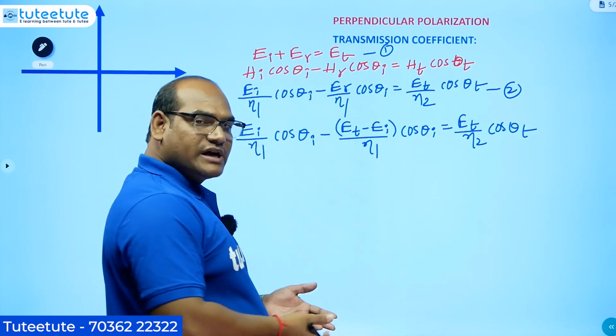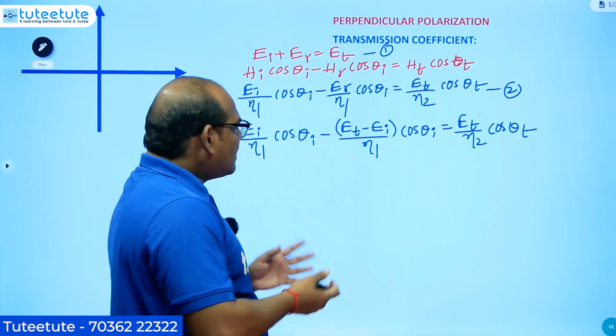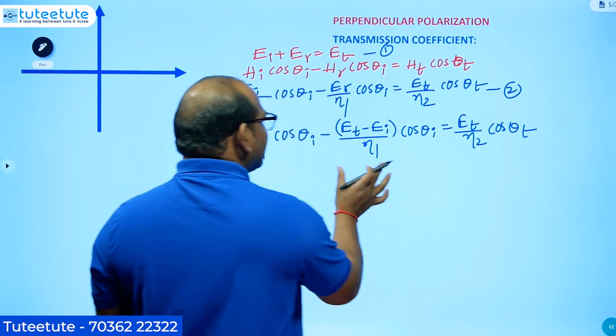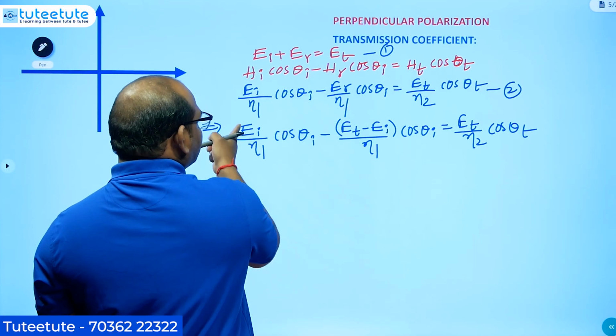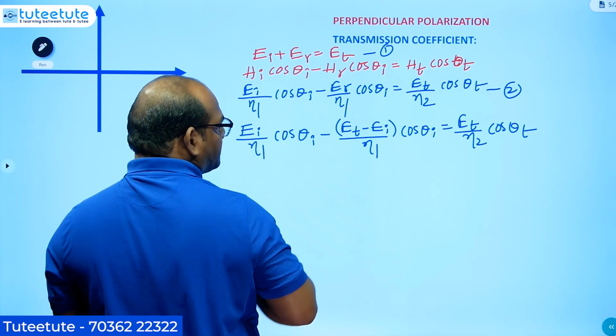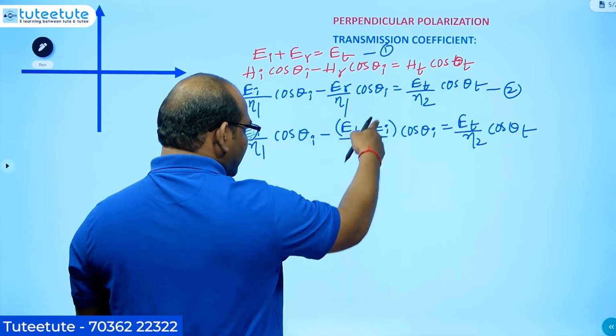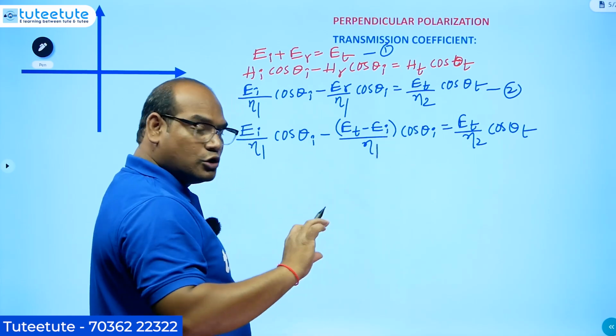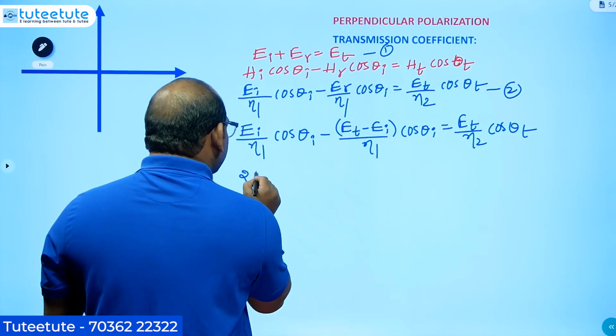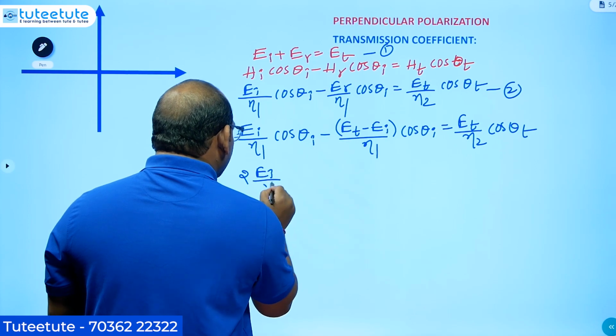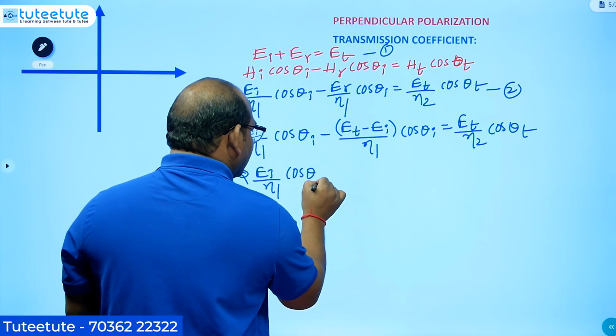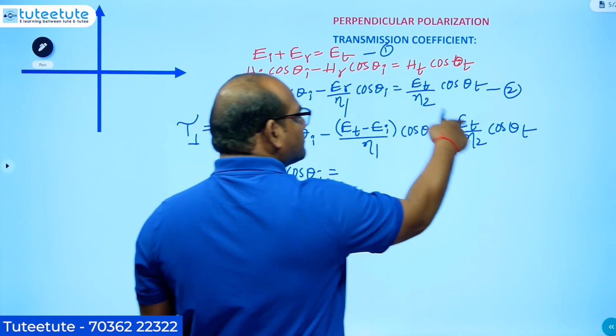Now again same thing, we need to get the ratio ET and EI. Accordingly we can arrange. So I am writing all the EI terms at one place. Now you see EI by eta 1 cos theta I minus into minus is plus EI by eta 1 into cos theta I. So two terms, same terms. That means 2 EI by eta 1 cos theta I. It is equal to, I am sending this ET term this side.